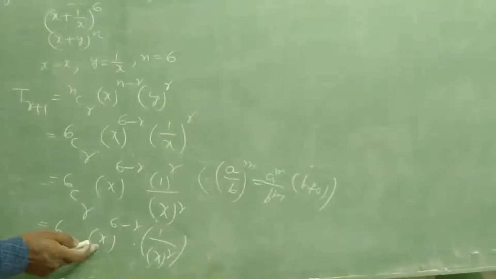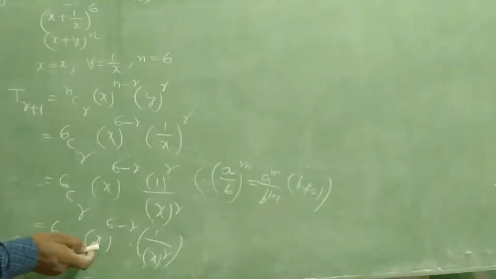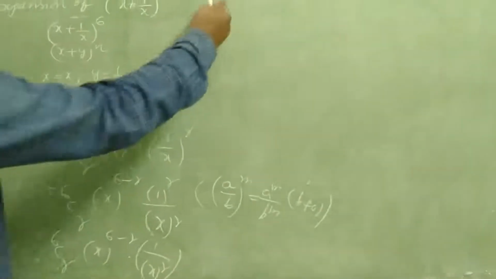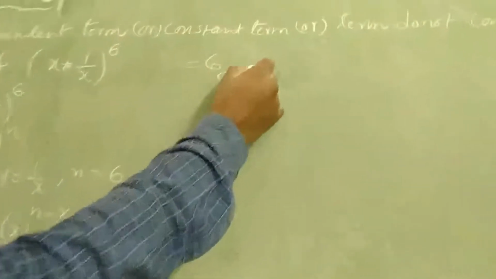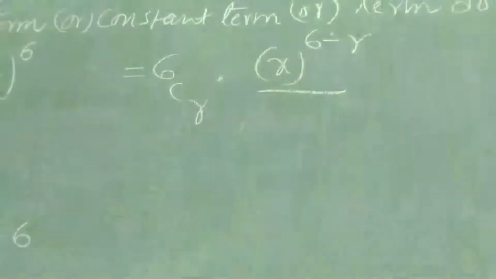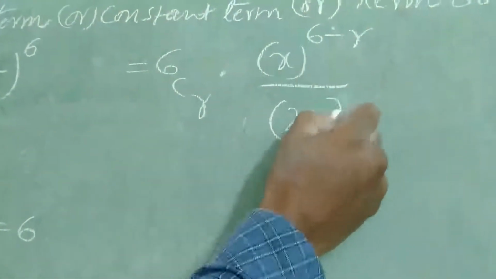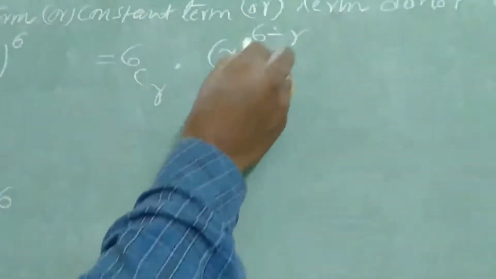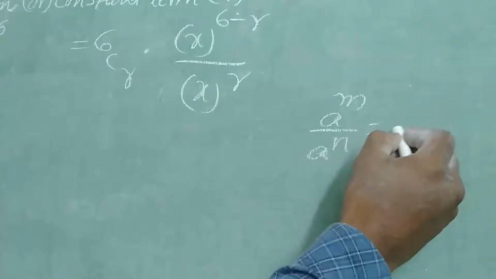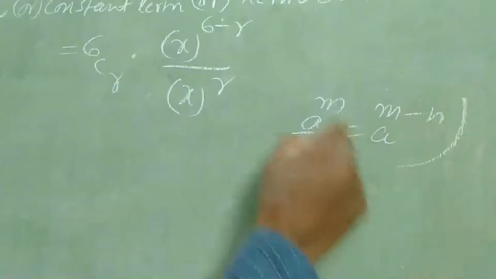Again you can also simplify here, the numerator x to the power of 6 minus r and the denominator x to the power of r. Now it can be written as 6Cr into x to the power of 6 minus r by x to the power of r. Now it is in the form of a to the power of m by a to the power of n, a to the power of m minus n.